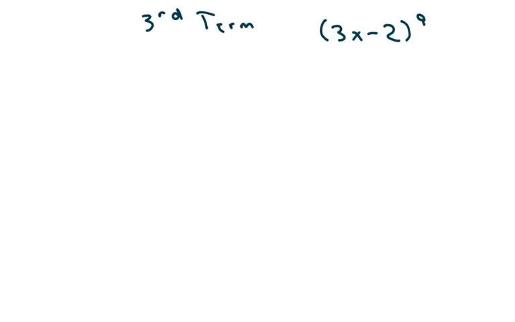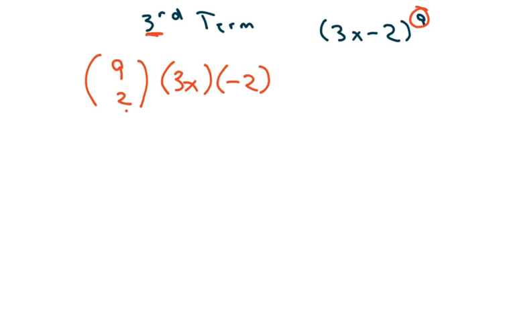Next one is the third term to the 9th. So I already know this is going to be 9, 2. It's going to be 1 less than that. And I'm going to put my A and my B. This number, the J part, always goes with your B. And then therefore this has to be 7.